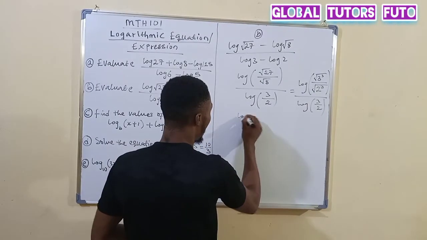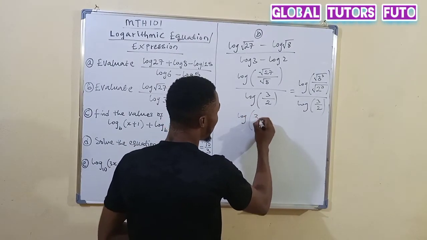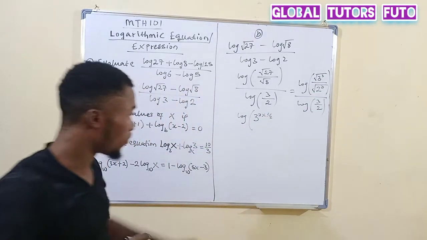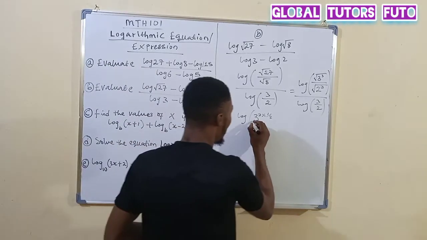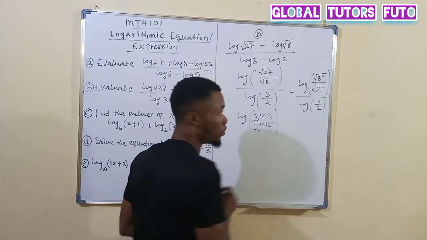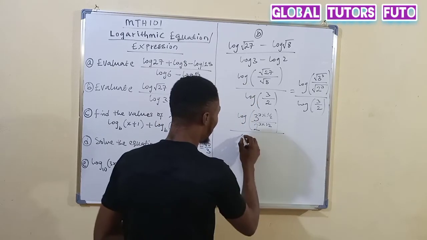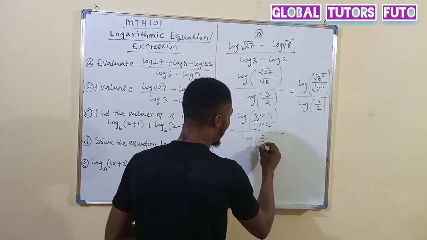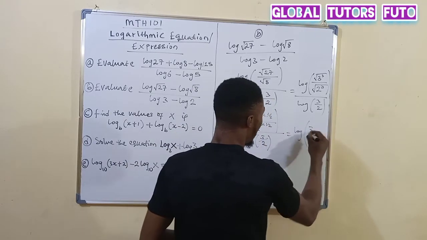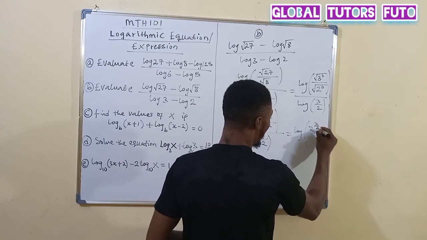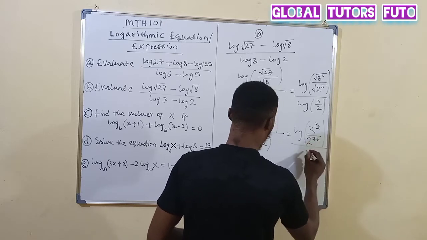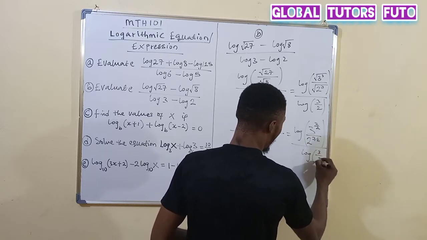So this is the same thing as log of 3 raised to power 3 times 1 over 2, over 2 raised to power 3 times half, bracket close, over log 3 over 2. So this will be equal to log of 3 raised to power 3 over 2, over 2 raised to power 3 over 2, everything over log 3 over 2.